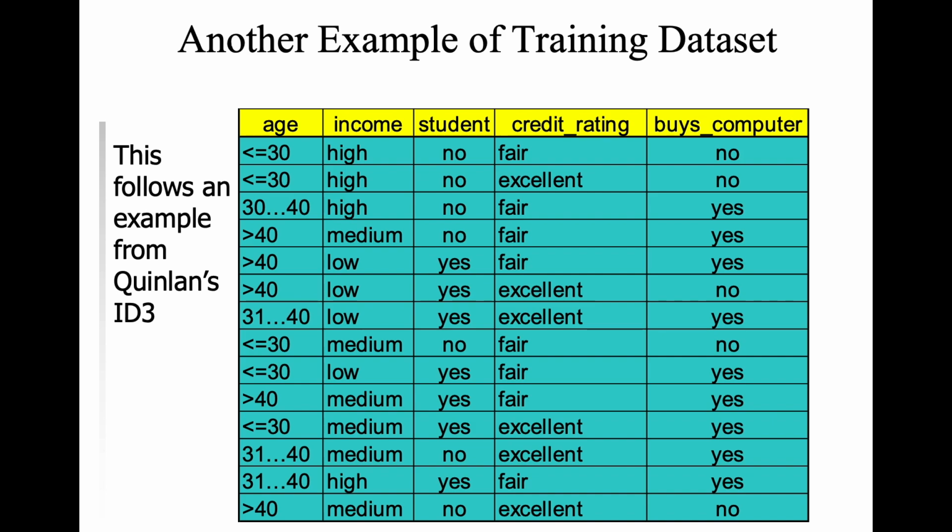We want to predict and classify our input to see whether a customer, for example, will buy or not buy. So if we reach the point where all of the instances satisfying this condition are going to buy, or for example not buy, all with the same label, there's no point in going further.